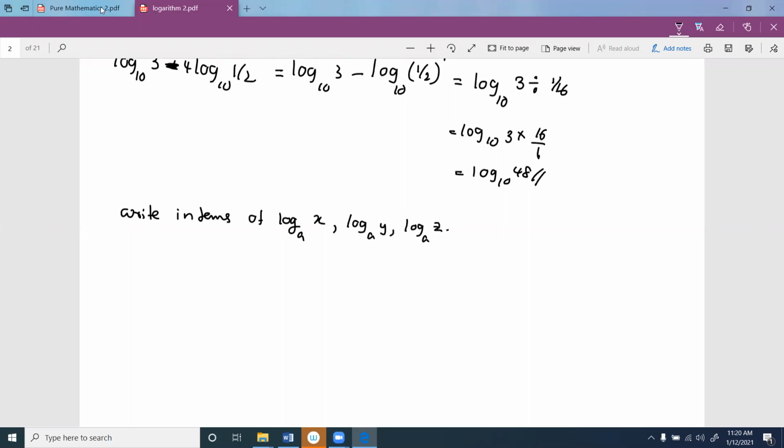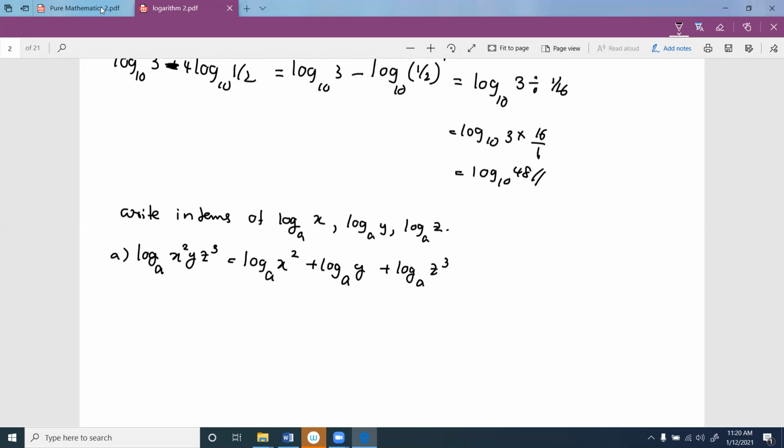Right. The first example they have given is log a x to the power 2 y z to the power 3. Initially, these multiplications you can write as addition: log a x to the power 2 plus log a y plus log a z to the power 3.